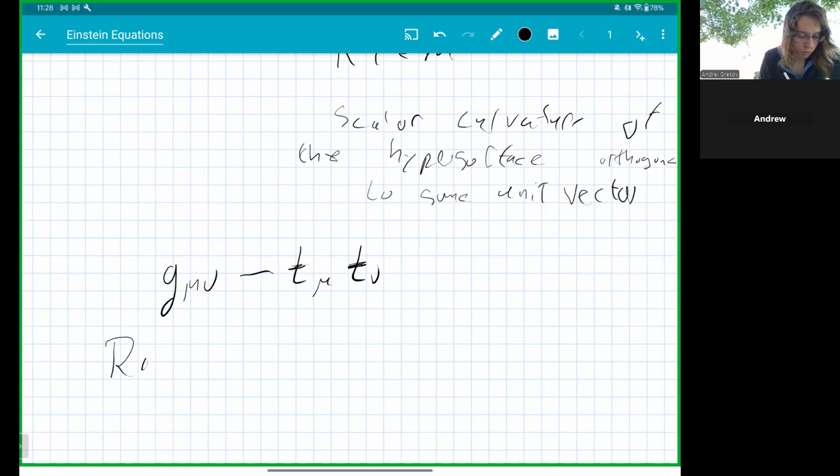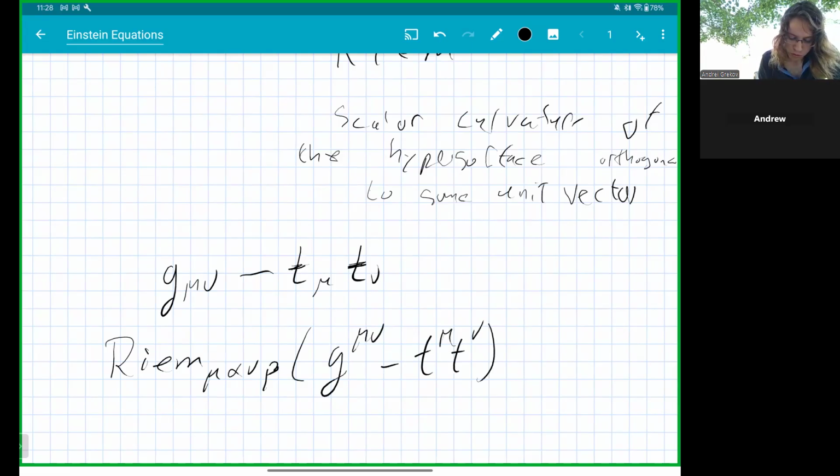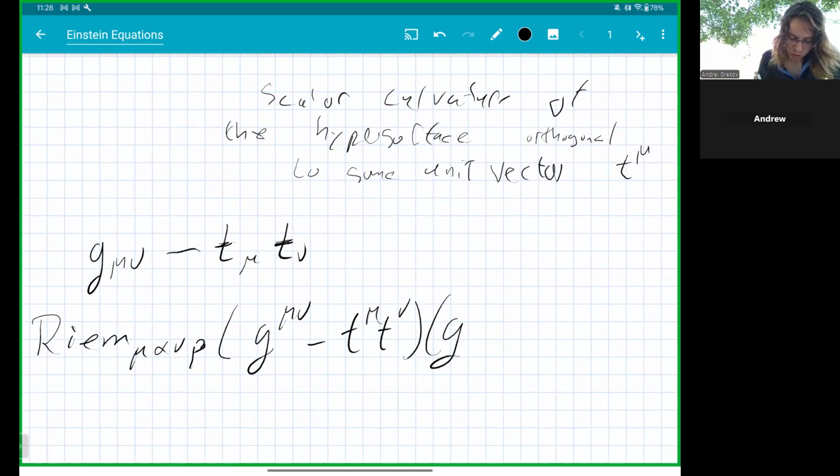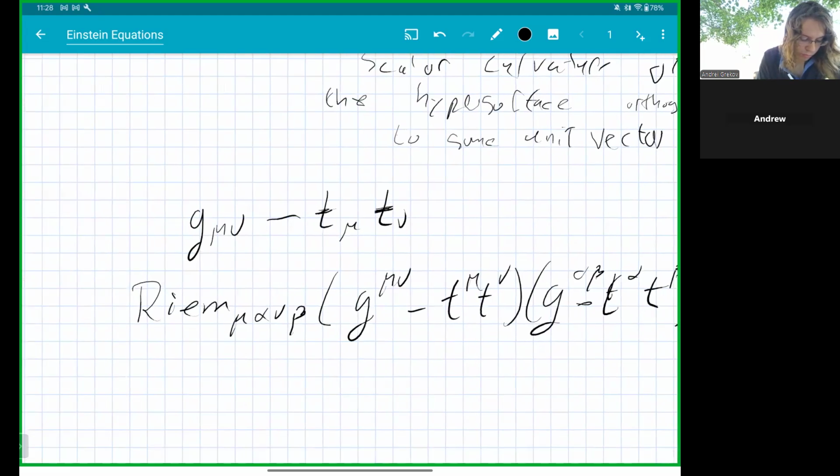So you would write something like this. That would be, by definition, the scalar curvature of this three-dimensional slice orthogonal to T.